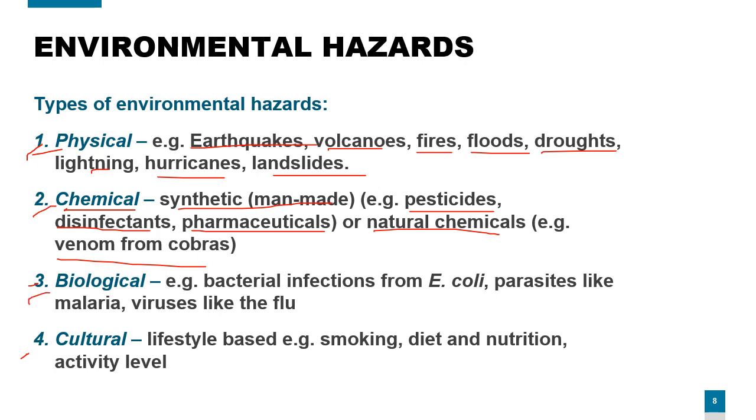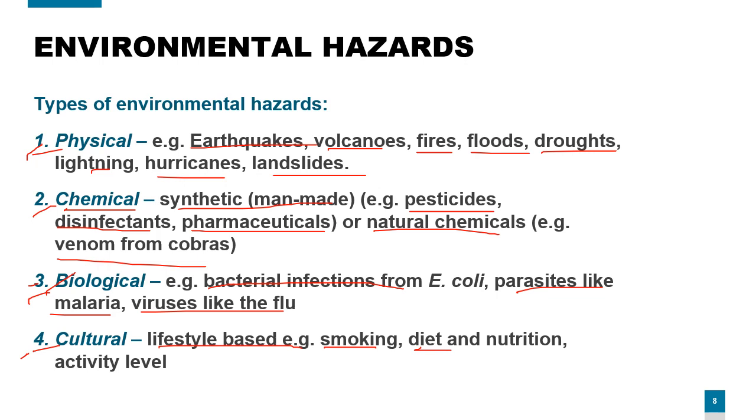So we also have here biological, pertaining to life. We have bacterial infections such as from Escherichia coli, parasites like malaria, viruses like the flu, and there are many more biological hazards. Okay, next we have here cultural. When we say cultural, these are lifestyle based, like for example, smoking.